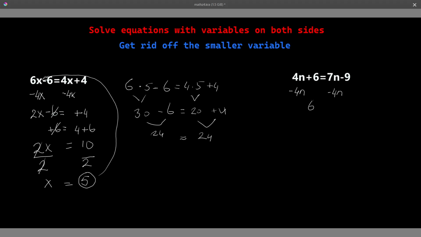6 on the left side equals 7n minus 4n is 3n. And we can bring this 9 down over here. What you need to do now is to isolate the variable.